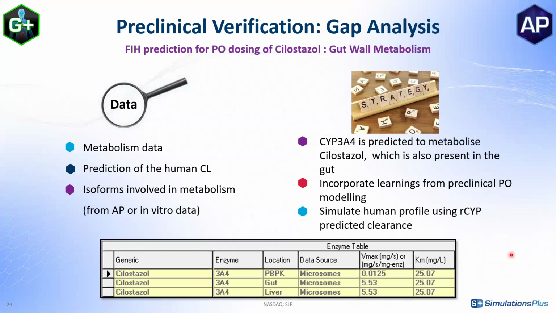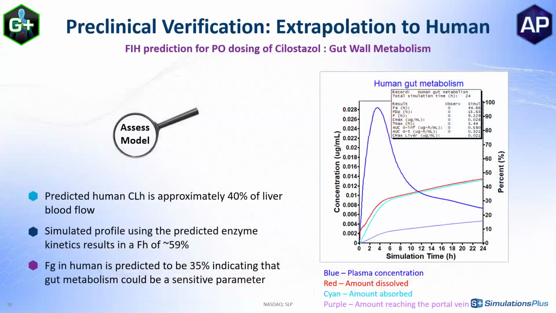So if we incorporate the learnings from our preclinical oral modeling, we can simulate the human profile using this predicted clearance. So from our preclinical verification, we determined that the predicted human hepatic clearance is about 40% of liver blood flow.